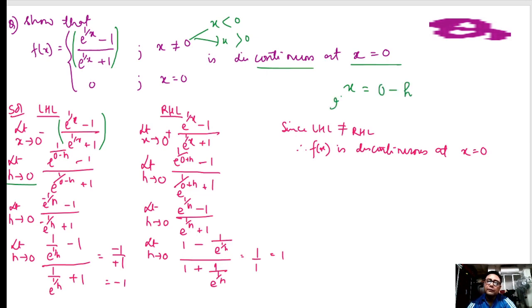So if x tends to 0, h tends to 0. Please note these steps. These are important steps. You have to keep a note of this. If x is tending to 0, then h tends to 0.